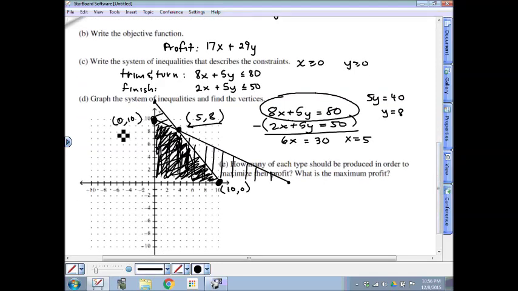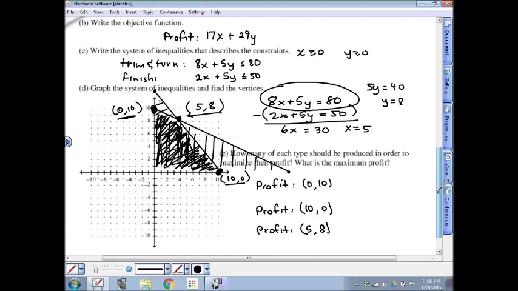So we've got 3 different points that we need to test in our objective function. We need to find the profit if you make 0 homers and 10 timbers. You need to find the profit if you make 10 homers and 0 timbers, and you need to find the profit if you make 5 homers and 8 timbers.